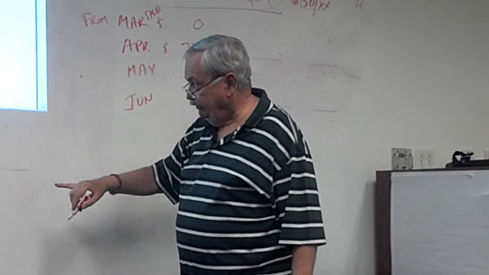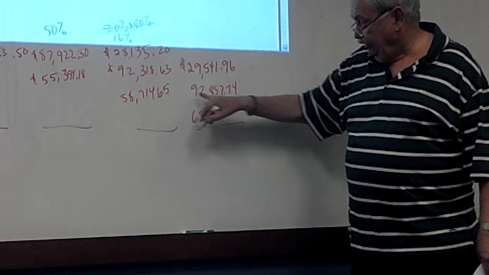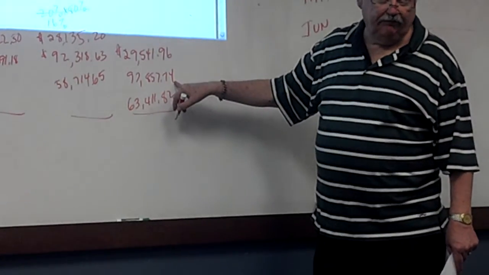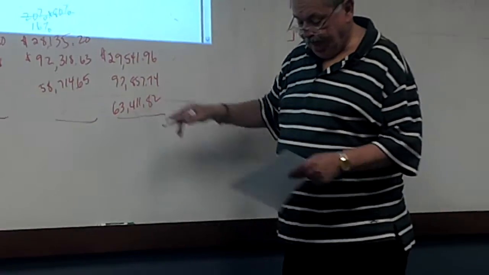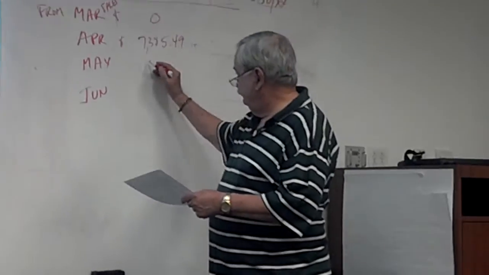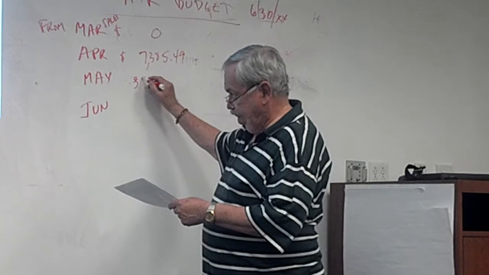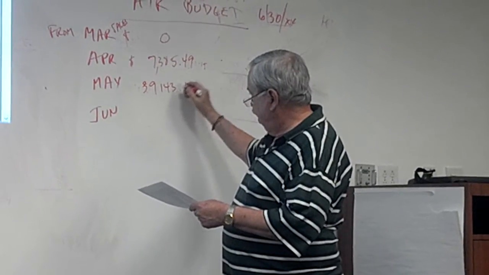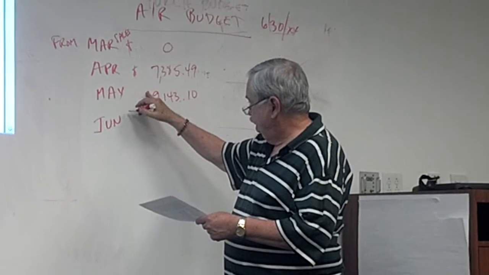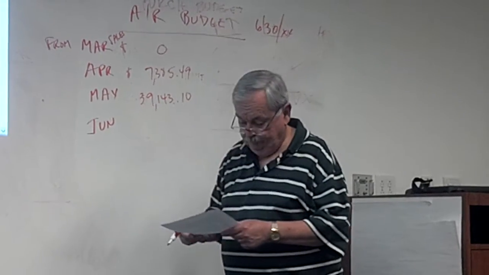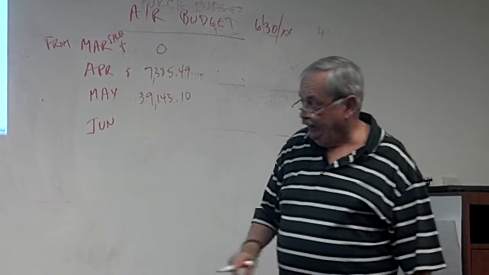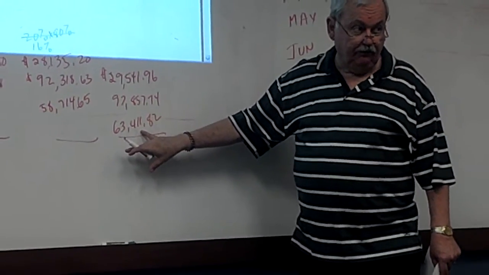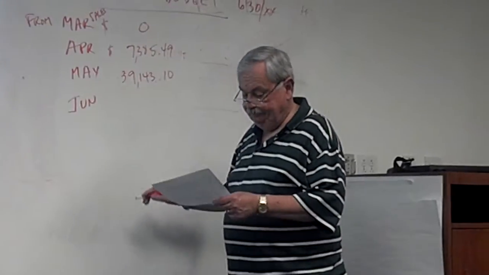Now, in May, we collected 30, 50. How much is left? 20%. And in June, we collected 30, so we've got 70% left.